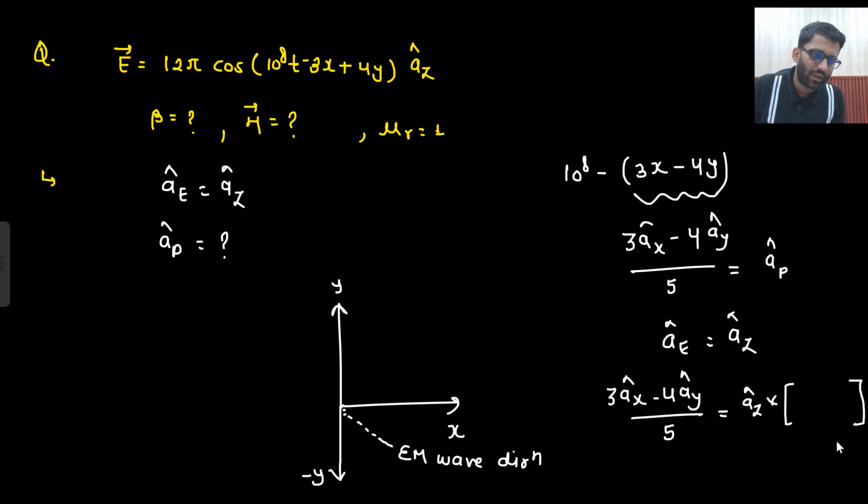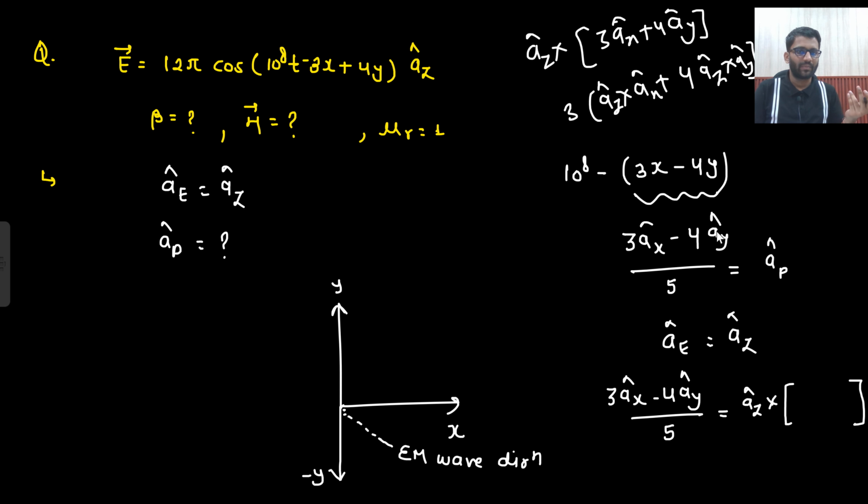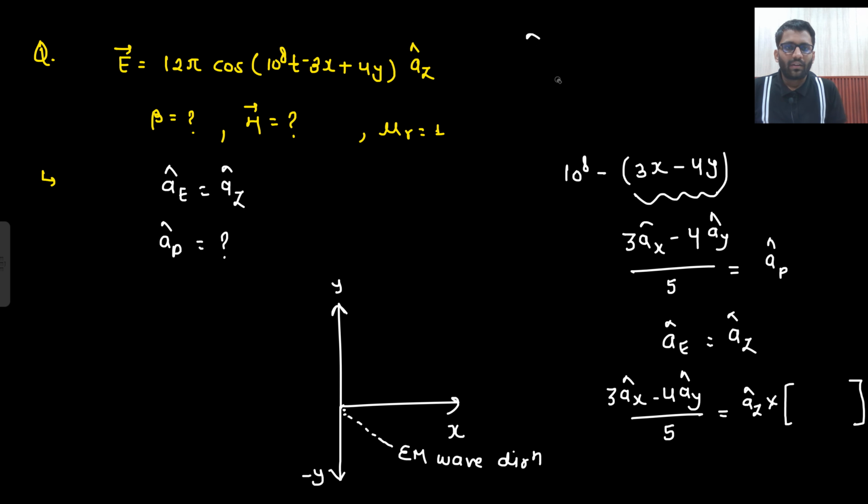If I do az cap cross anything, I can write 3 into az cap cross ax cap plus 4 into az cap cross ay cap. Yes, I can write it in this manner. This is one way, or otherwise I will tell you one more thing.